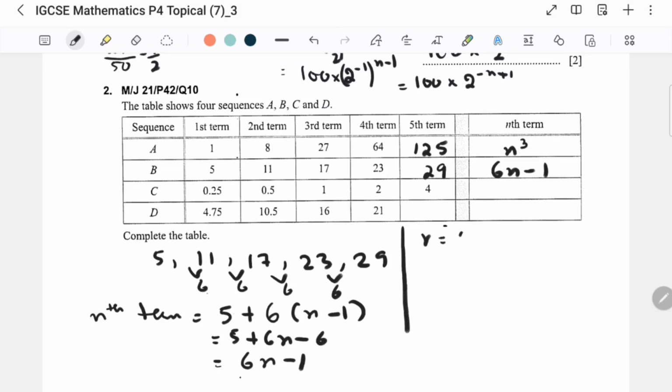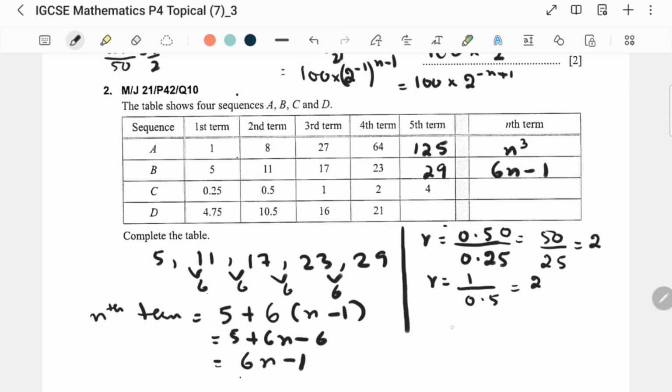So r is equal to 0.5 divided by 0.25, that is equal to 2. The second one you can also check, 1 divided by 0.5, that is also equal to 2. All right, so r is 2 and a is 0.25. You can even write down a quarter for this one as well.